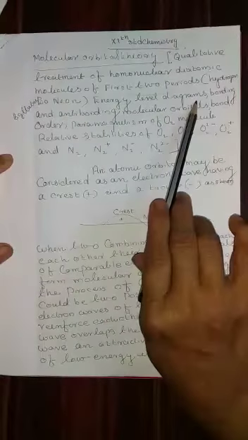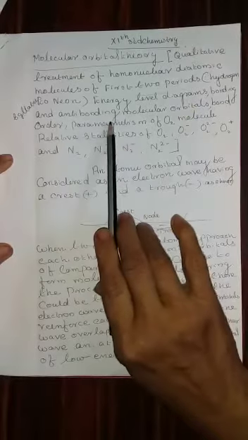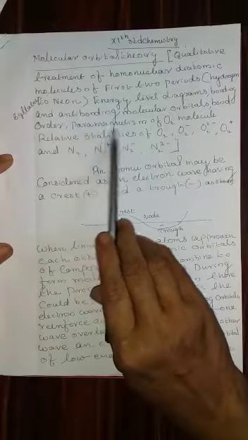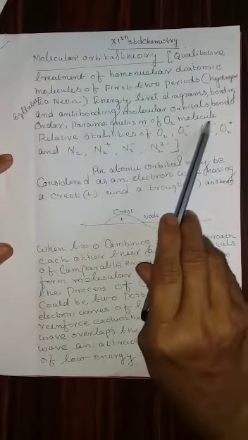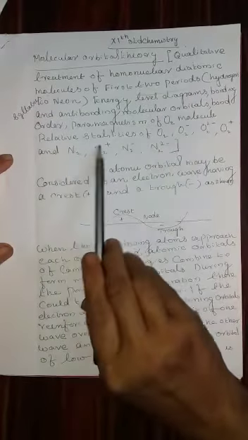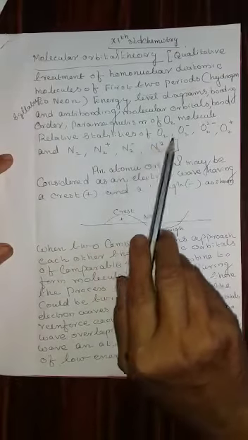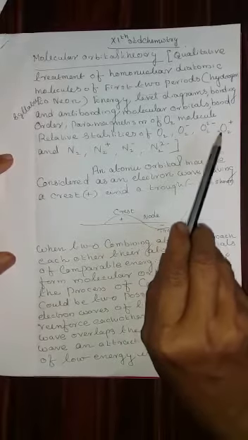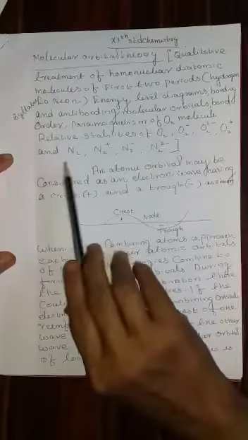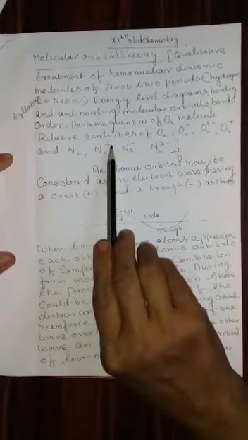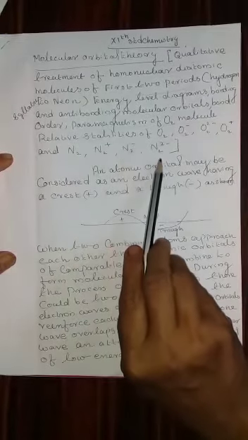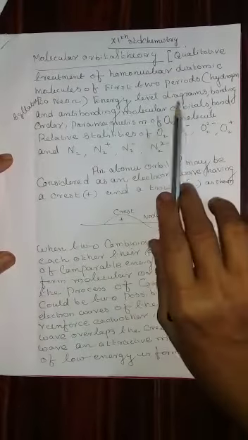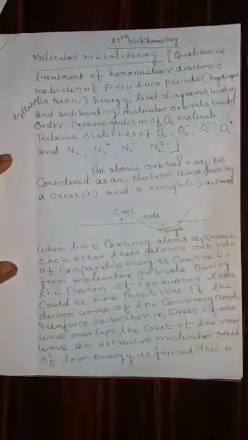Energy level diagrams, bonding and antibonding molecular orbitals, bond order, paramagnetism of the oxygen molecule, and the relative stabilities of O2, O2 minus, O2 2 minus, O2 plus, and N2, N2 plus, N2 minus, and N2 2 minus.